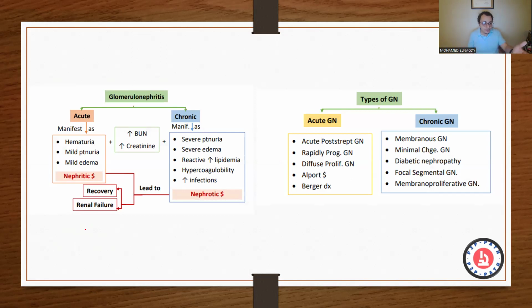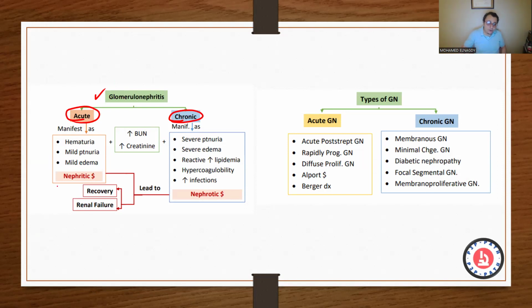I actually took these diagrams from my step one notes. These are the two types of glomerulonephritis that you will see, which is an inflammation of the glomeruli. So if I'm talking about inflammation, it's either acute or chronic inflammation. We have acute glomerulonephritis and chronic glomerulonephritis.